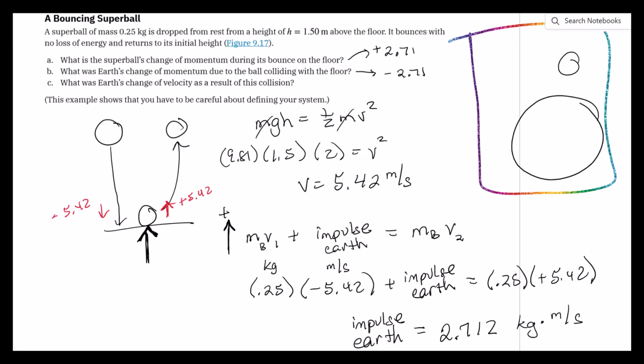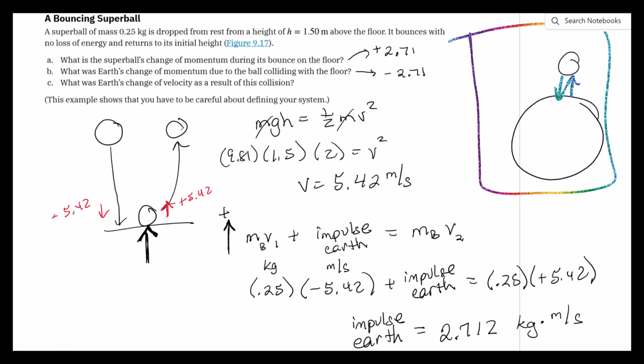So the impulse of the ball on the Earth would have to equal the opposite of the impulse of the Earth on the ball, so that those cancel each other out. So that's another way to think about it as being negative.